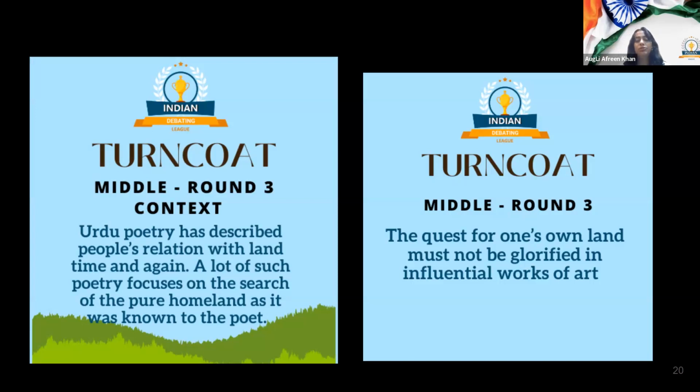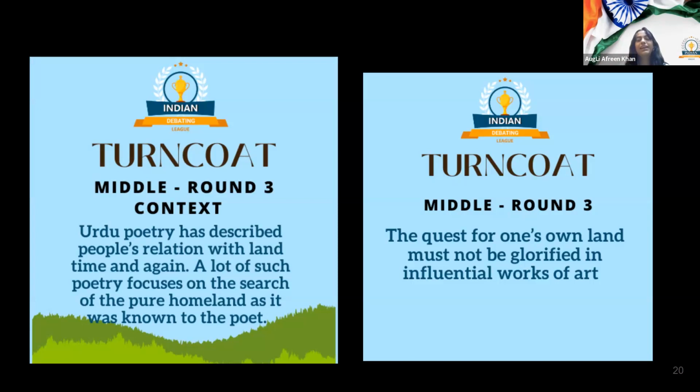This is just an example, because some people love the fact that they are from a particular country, a particular background, a particular geography. But some people might not like it, probably people who are born in places which are not completely resourceful. So what the motion says is that the quest of finding your own land should not be glorified.